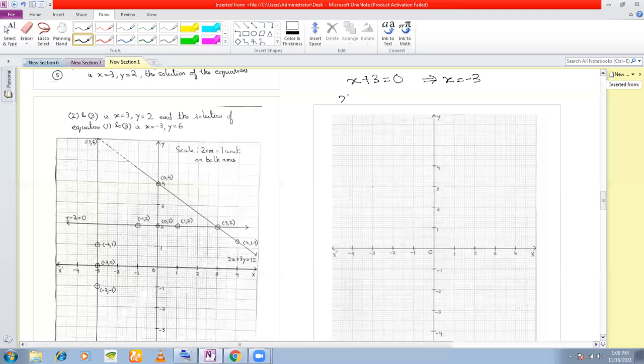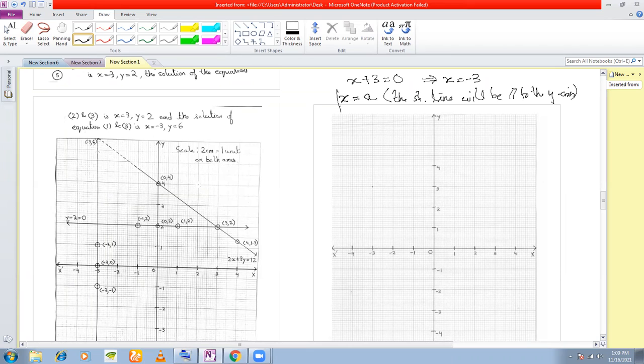Remember that if you have an equation of the form x is equal to a, where a is any number, positive or negative, the straight line will be parallel to the y-axis.